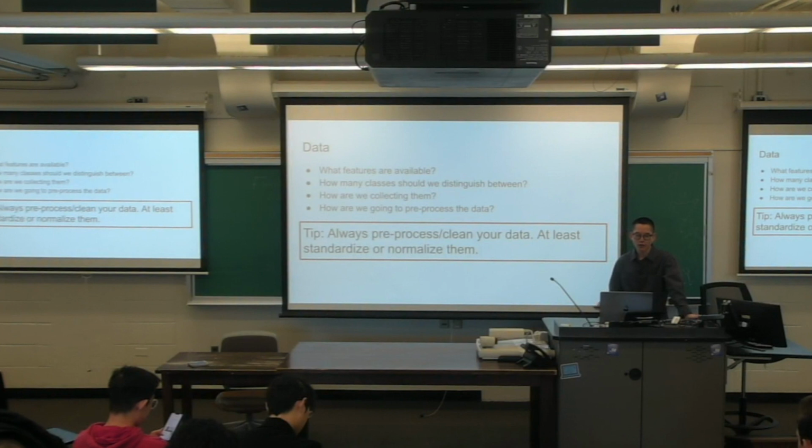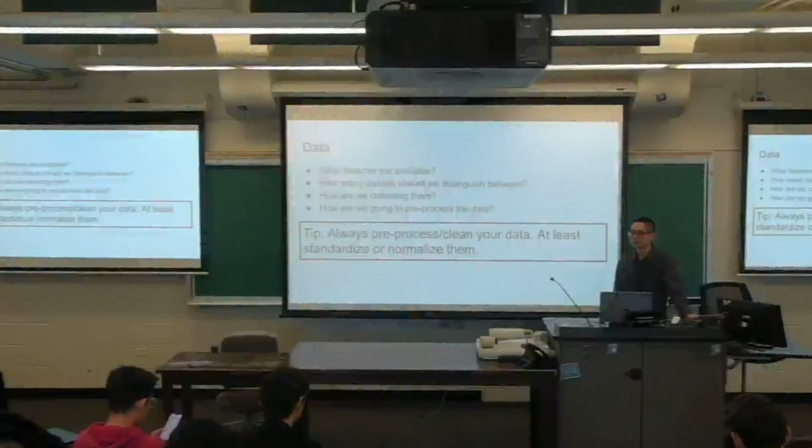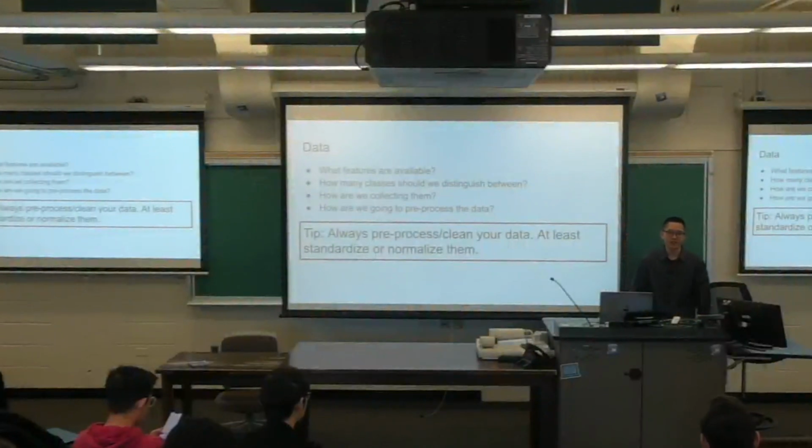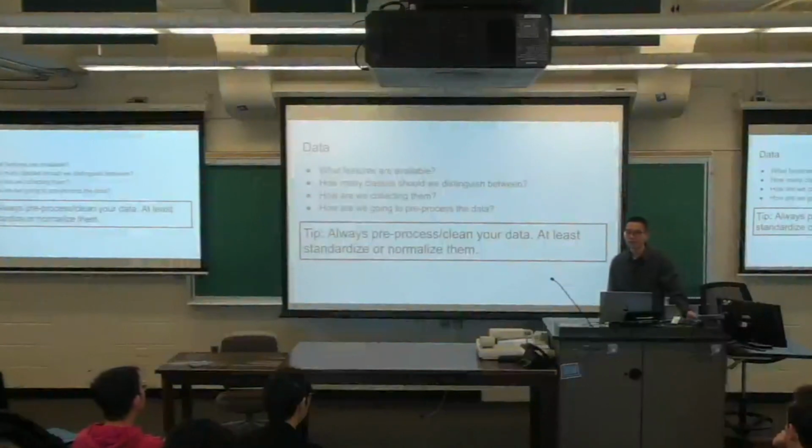So does anyone know what is the difference between standardization and normalization? No? Did Mate cover this? Yes? Normalization is making the data go from 0 to 1. I think standardization is when you make it 0 mean and 1 unit of variance.